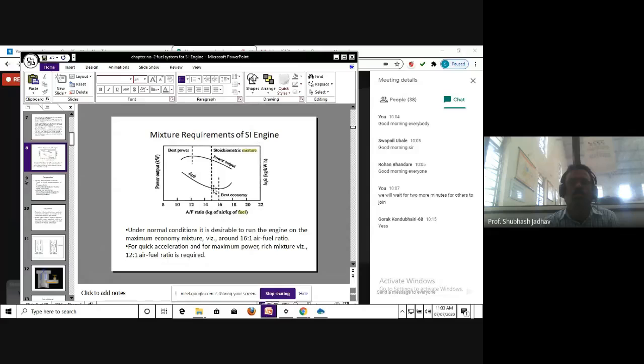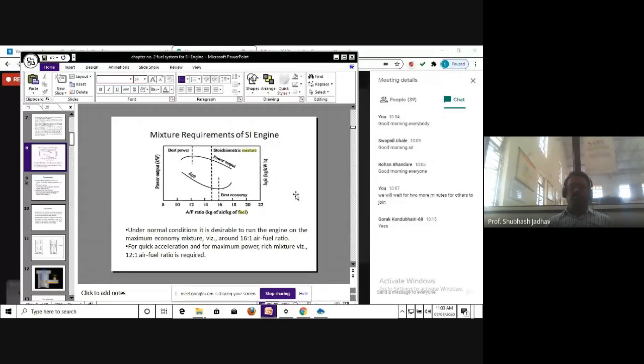I will be shifting from 16:1 to 12:1 air fuel ratio. I call it a rich mixture, or it is a power mixture. Okay, maximum power mixture. So this is the best power range, while this is the best economy range. So that is what is indicated in this particular slide, what we call as the mixture requirement.